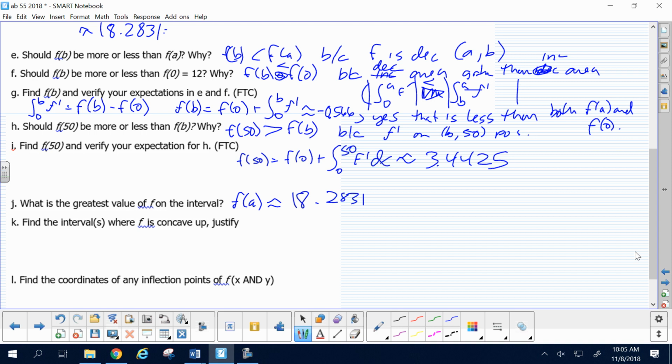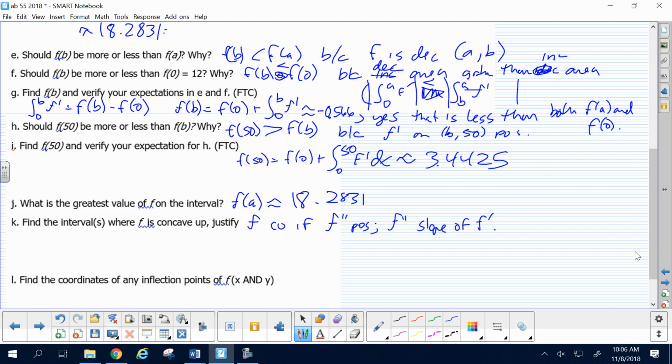Concave up. F is concave up if, talk to me about calculus ideas. F is concave up if f double prime is positive. Now, let's connect that to f prime. F double prime is the slope of f prime.